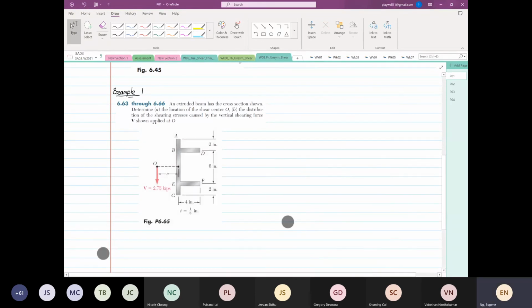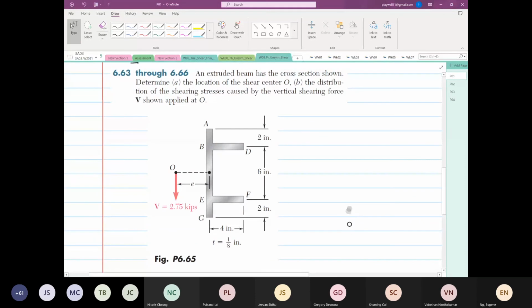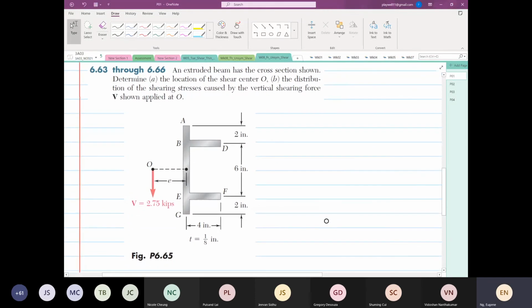So let's look at this now. This is an extruded beam that has a cross section as shown.